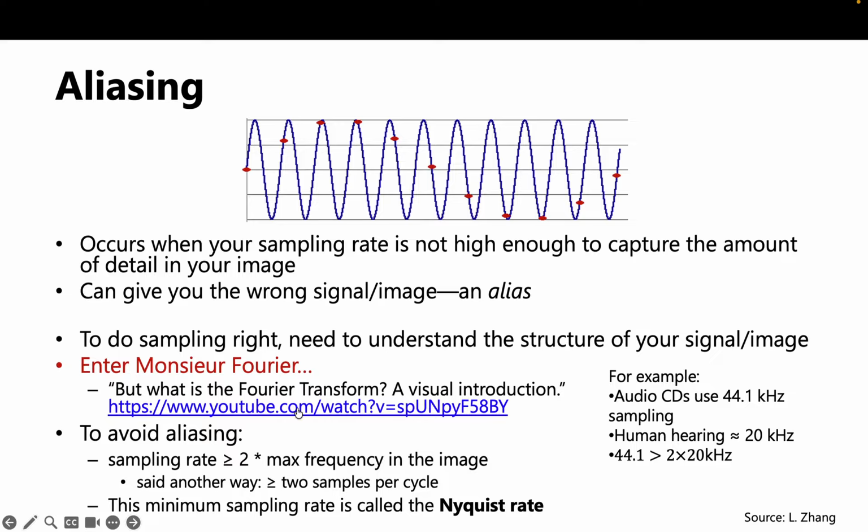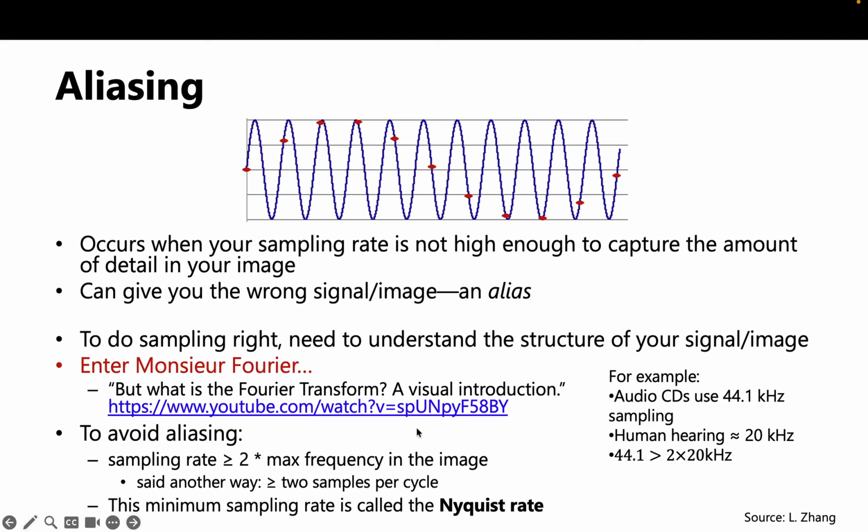You can try to watch this YouTube video, and it's talking about how to apply the Fourier transform. So from this Monsieur Fourier, the idea is to try to remove the noise when you convert it into different signals.